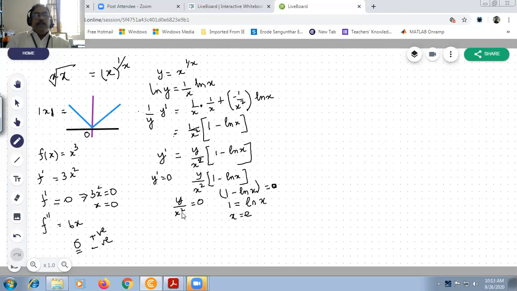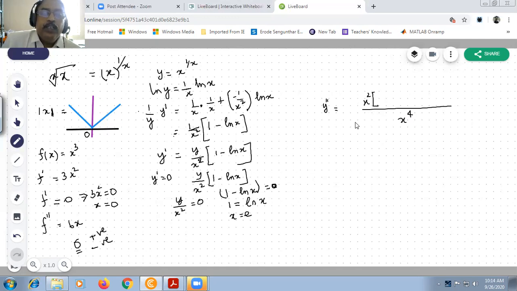You find the second derivative of this, y dash. What is the second derivative? Y double dash is equal to, so we have x power 4, and by the quotient rule, v du minus u dv over v square.